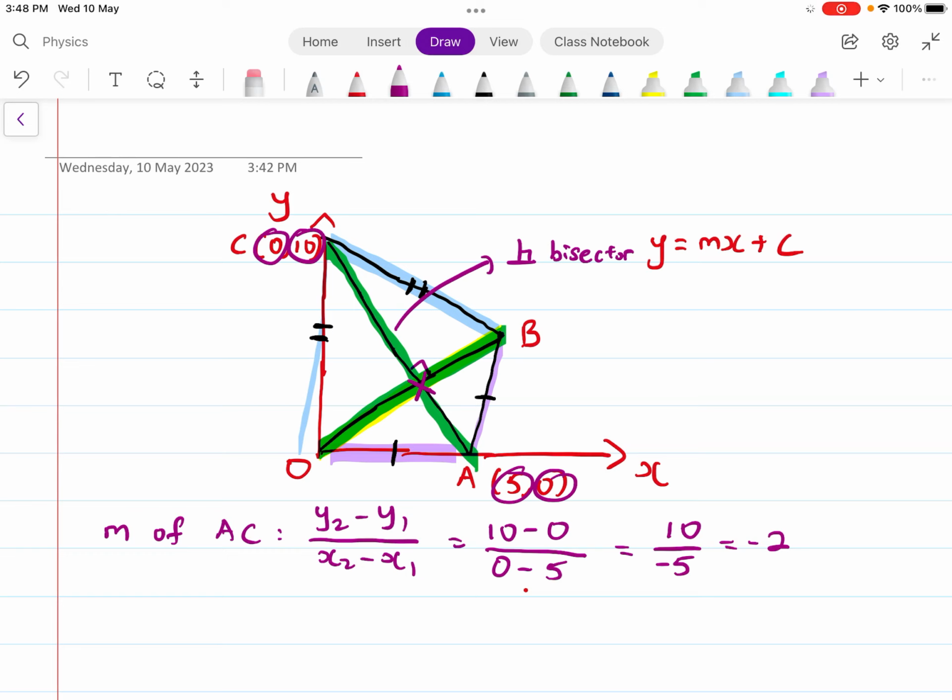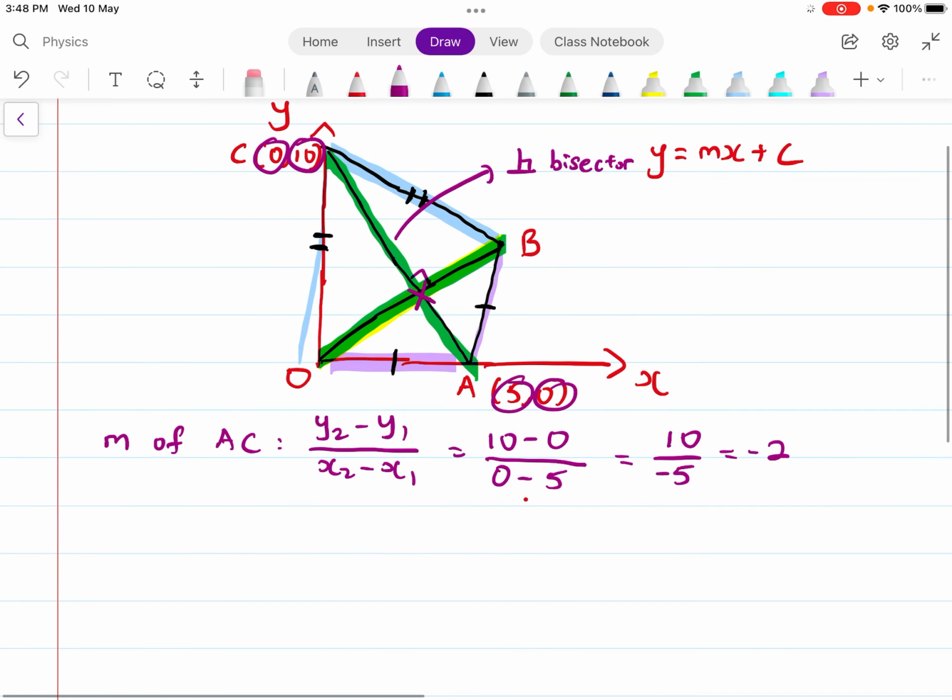We know there's a relationship between two perpendicular lines: you just need to flip and change sign. So the gradient of OB is equal to, for example, negative 2 over 1, then you flip to become half, then you change sign. Because this is negative, this must be positive.